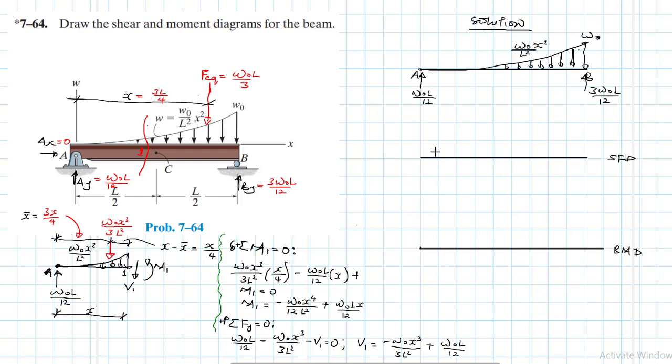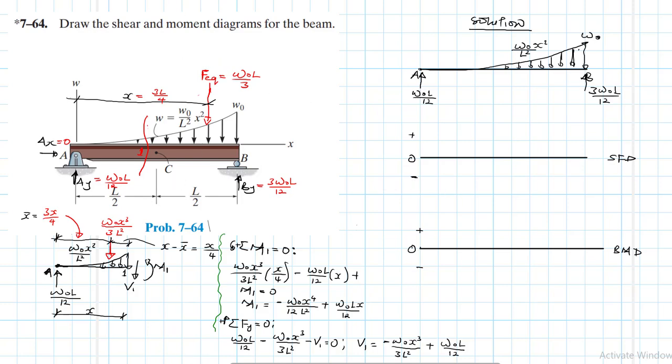So let's go ahead. We have positive up, we have negative, we have 0, we have positive up, positive, negative, we have 0.